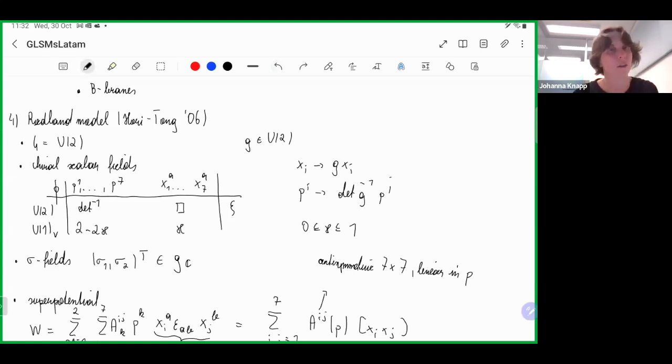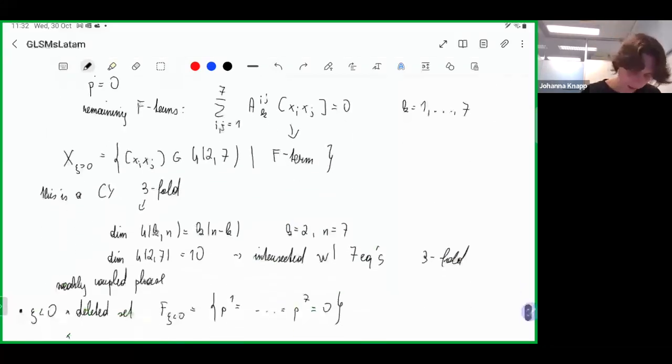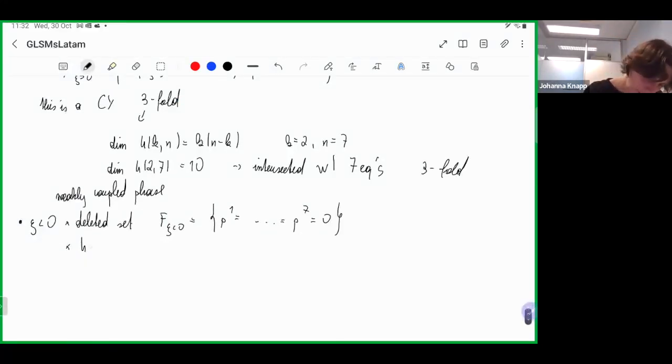It's the analog of the Z5 symmetry that we found on the quintic that gave us the orbifold. So here it turns out that G equals SU(2), the subgroup of U(2) which has determinant 1, is unbroken. So our low energy effective theory will be a theory of weak interactions with an SU(2) gauge theory.